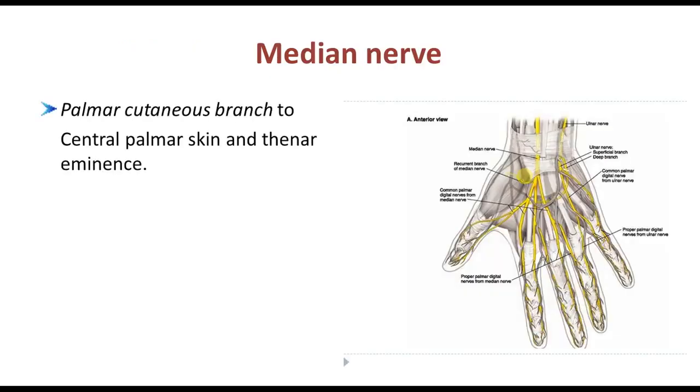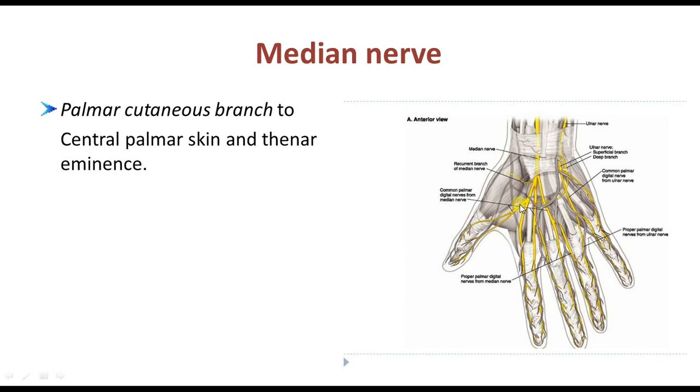Now here, just before entering the flexor retinaculum, the median nerve will give a branch which is called the palmar cutaneous branch of the median nerve. This palmar cutaneous branch will pass on top of the flexor retinaculum, and it will supply the skin over the central part of the palm and skin over the thenar eminence.